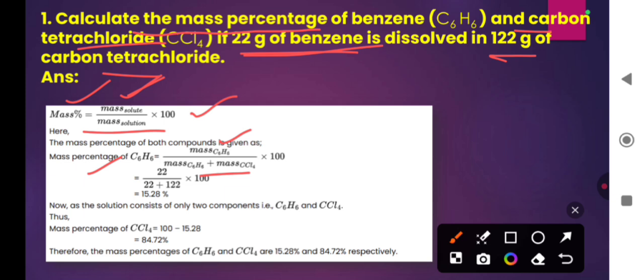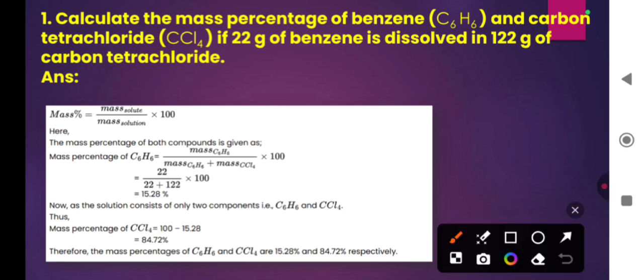Mass of benzene, what is given here? 22 gram up, and down total mass 22 plus 122. You will keep that down, multiply with 100, then you will get the answer. It is 15.28%.